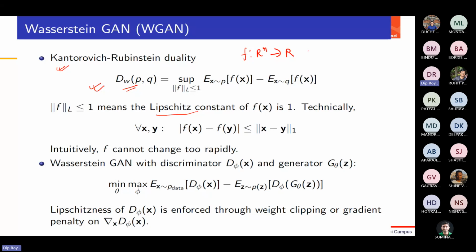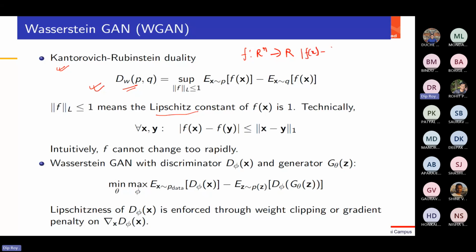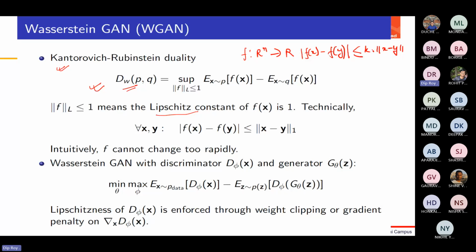So what we want to say here is that |f of x minus f of y| is less than or equal to k times |x minus y|. This is the definition of Lipschitz. Now you know that f of x minus f of y divided by x minus y is nothing but the slope, and we are putting a bound on the slope.